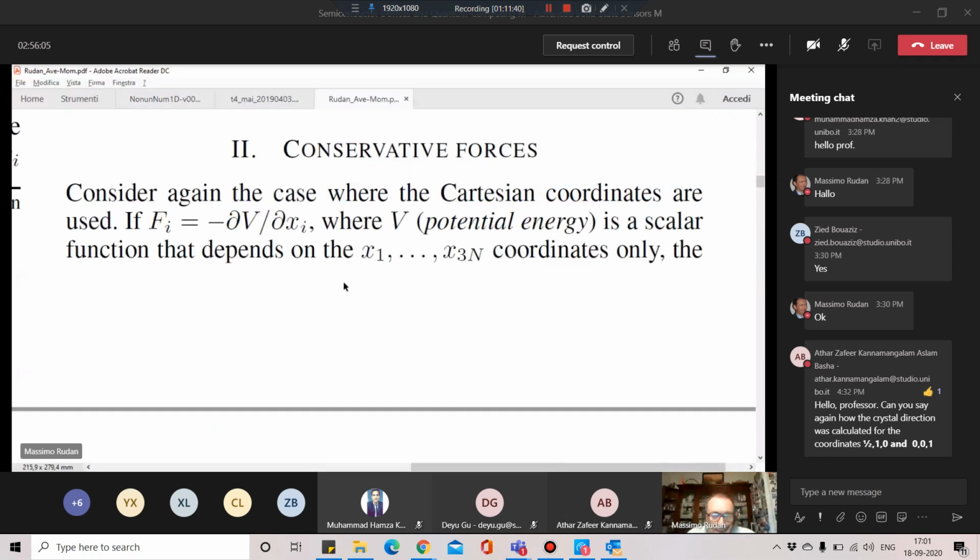And it has the property that if you take the derivative of this function with respect to any coordinate, okay, you find a component of the force that acts on the particle along that component, okay?